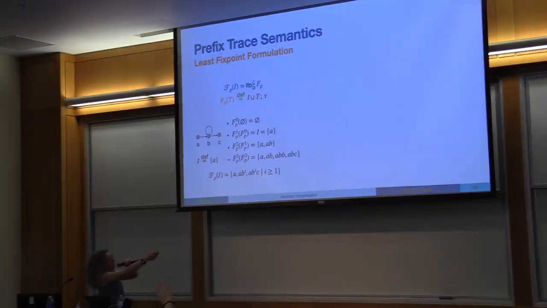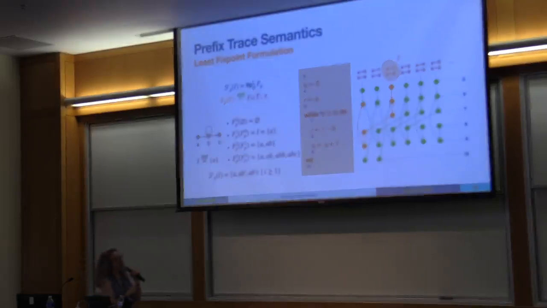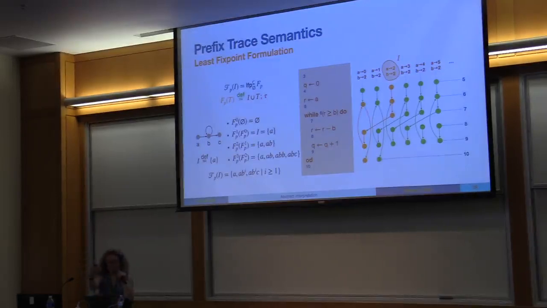The fixed point is going to be basically all the prefixes of the sequences. So a finite number of B's followed by a C. In our example, we start with a state, and then we just keep adding whatever states we can reach to the sequences.